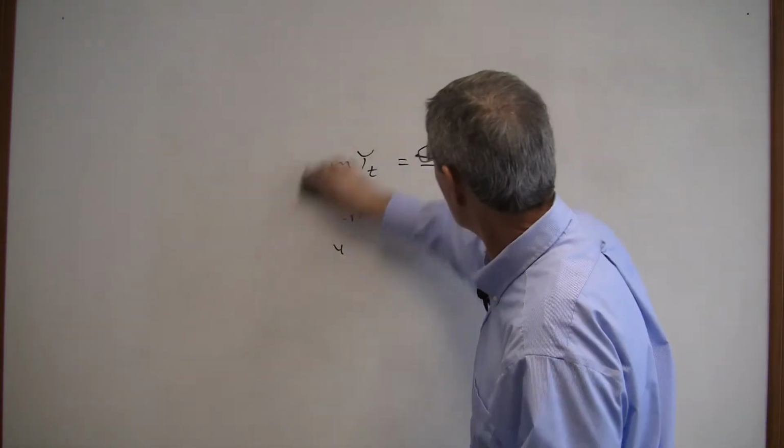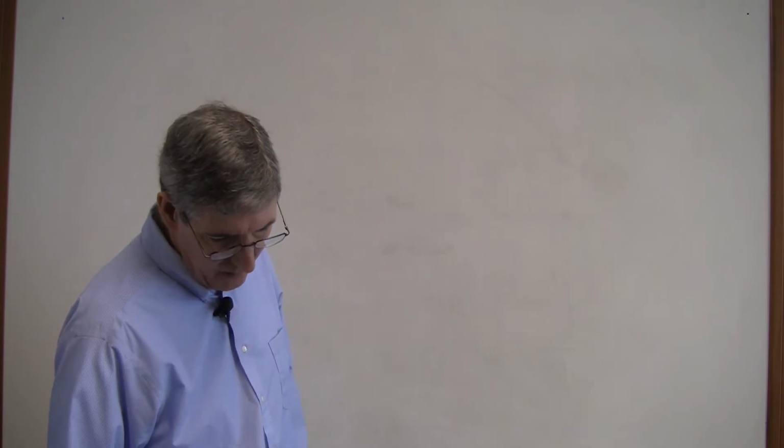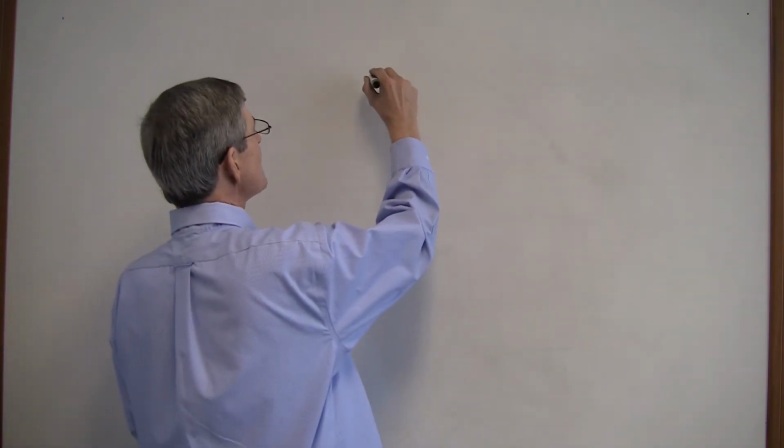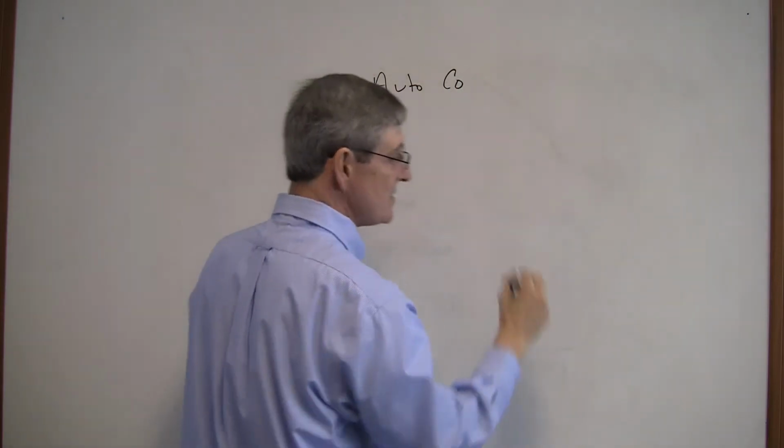Okay, so lags, differences, logs, and growth rates are the terminology we were trying to explain here. Okay, let's move on to this notion of serial correlation. And so we want to talk about autocorrelation.